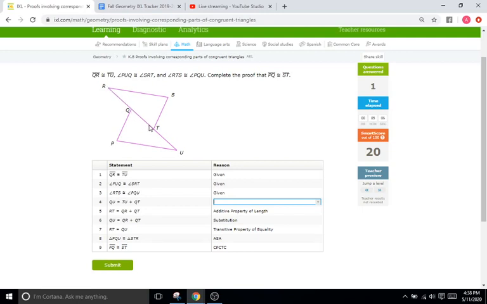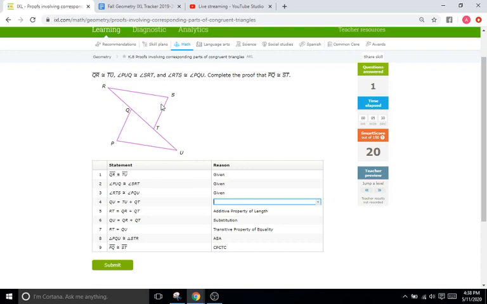This length plus this length, and then this length plus this length, they're going to be the same thing. So we have proven one side. Great. Angle PUQ, this angle U right here, is going to be congruent with SRT. So R and U are going to be congruent as well, apparently. Great. So we have a side and we have an angle.